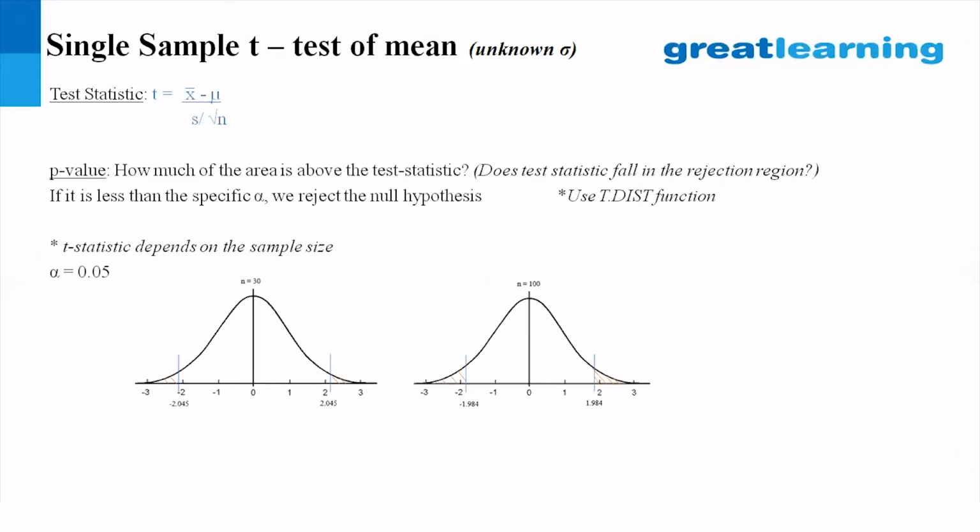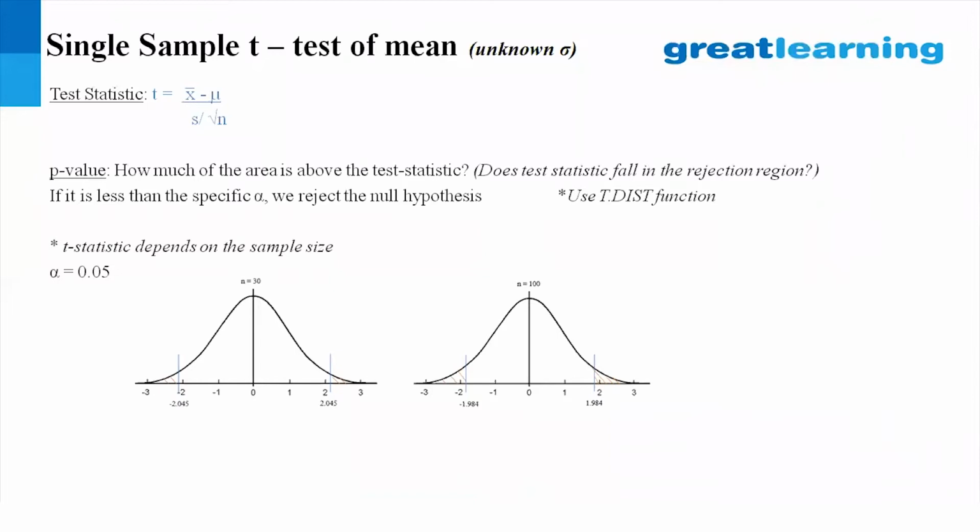And this we represent, we don't use directly the sample size when calculating the test statistic. We use a term called degrees of freedom, which for a single sample test is nothing but sample size minus 1. So for the first case here, the degrees of freedom will be 30 minus 1, that is 29.